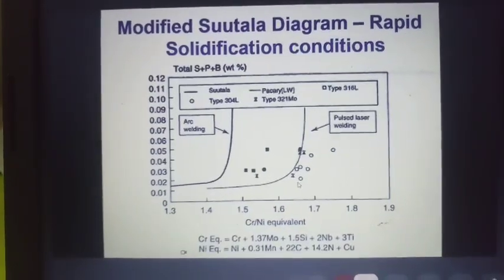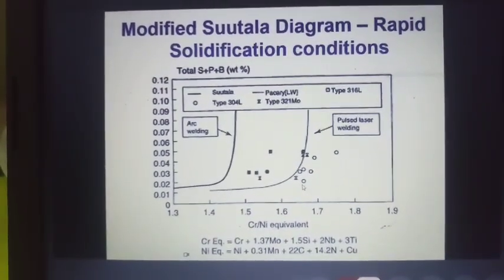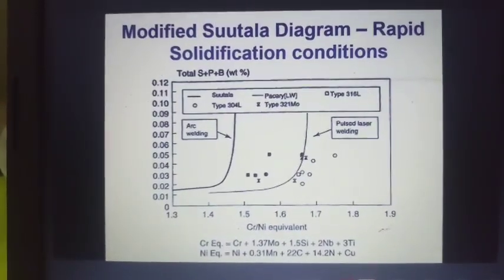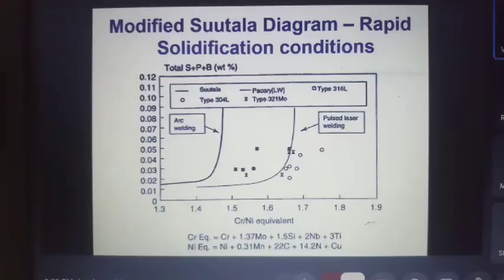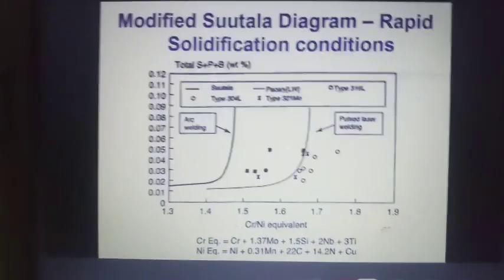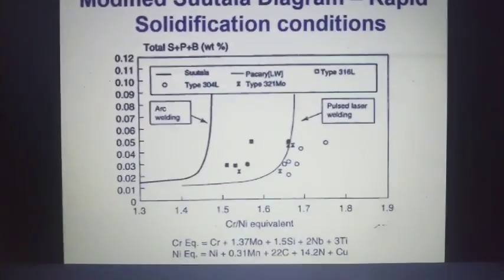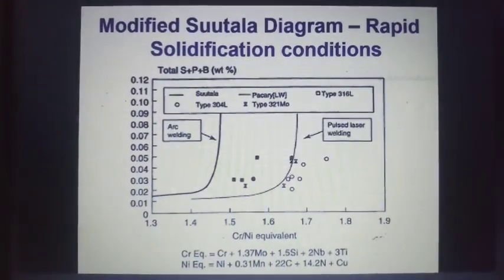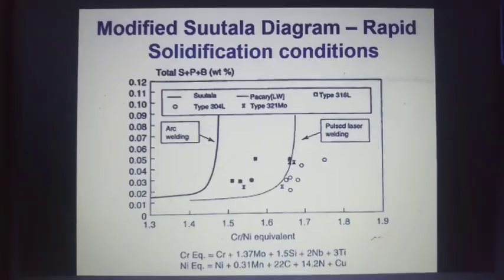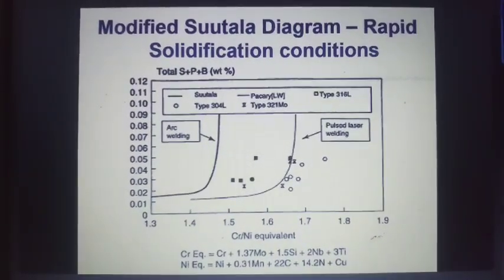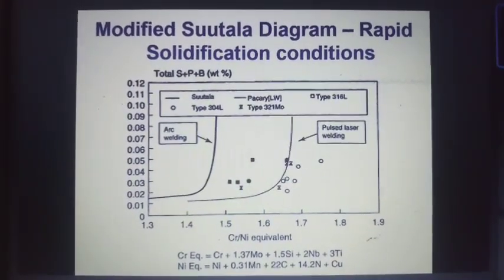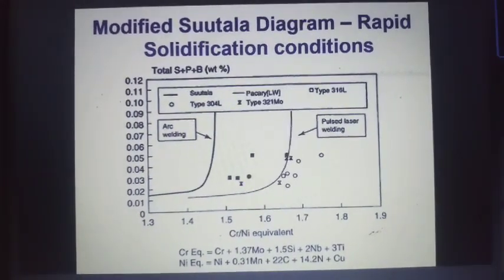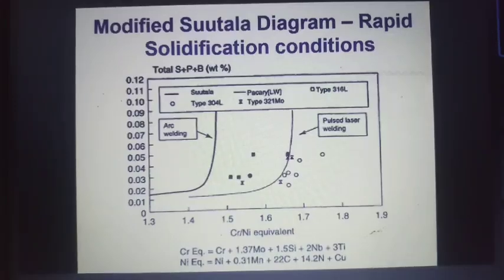Because faster cooling means the alloying element movement is restricted. Sulfur and phosphorus will not diffuse and go into the ferrite phase easily. So you need to increase the ferrite content. Higher heat input means faster cooling rate, and faster cooling means less diffusion.